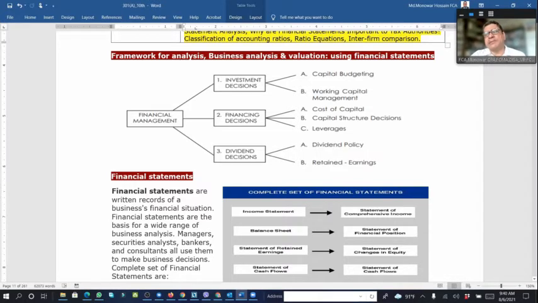The cost of capital is the vital part, and capital structure also. For example, capital structure: we know our capital is loan capital and equity capital. Both are capital, but equity owner is the real owner of the company. But loan capital is just like a loan, you have to pay the interest.